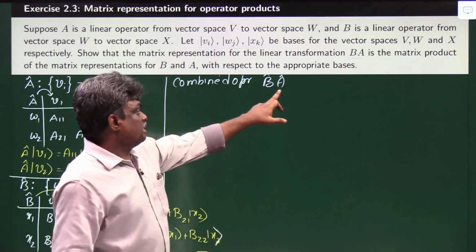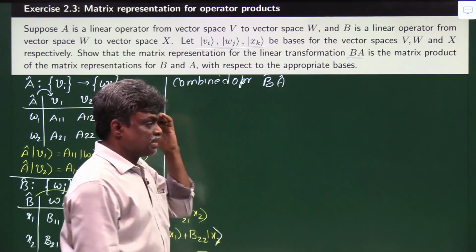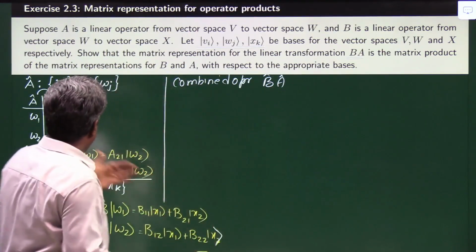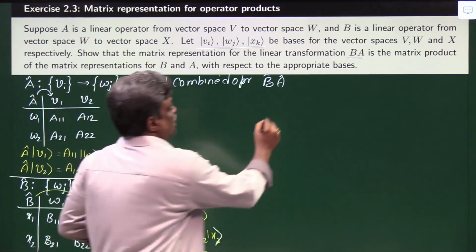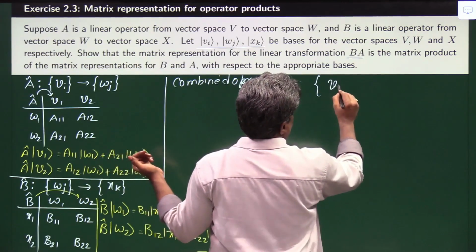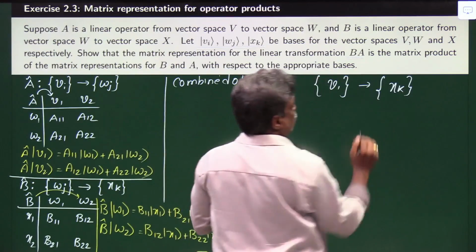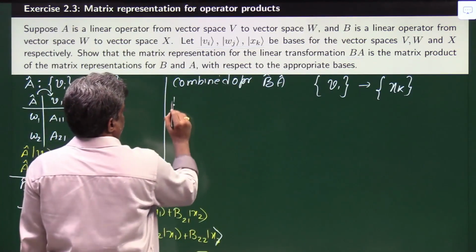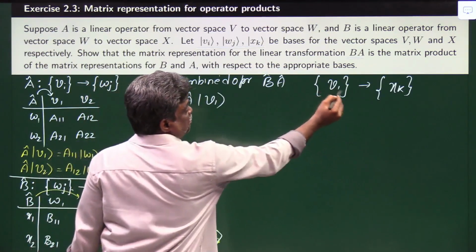So here first you have to come from right to left. That's why first operation is A and the next operation is B. So A transforms V to W and B transforms W to X. So finally here our input bases are Vi and output bases are Xk for the combined operation BA. Okay, so let us take BA operating on this one.